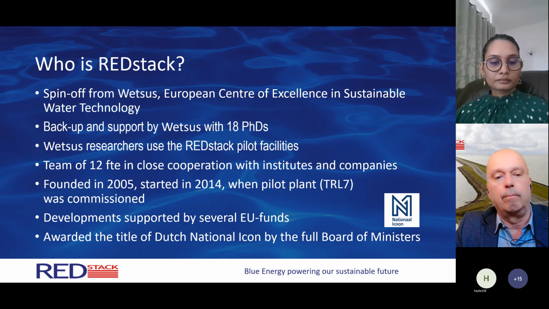So we started applying for permits, finance, and so on for the pilot plant in 2012, and we commissioned the pilot plant in 2014. At the end of 2014, our king from the Netherlands, His Royal Highness Willem-Alexander, came to do the ribbon cutting ceremony. So we are very honored with this exposure and awards.